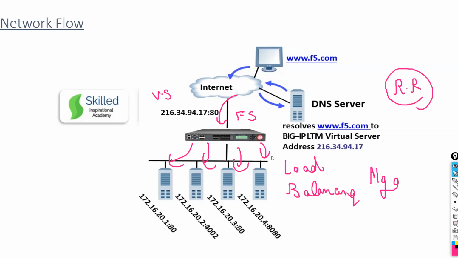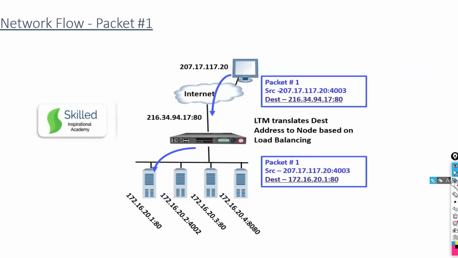So there will be two traffic flows. One, packet one. In packet one, what would be the source IP? Source IP would be your client IP. What would be the destination IP? Destination IP will be your virtual server IP. Now traffic comes here. So I talked about the full proxy model, right? You have client to F5 and one traffic flow is F5 to the server.